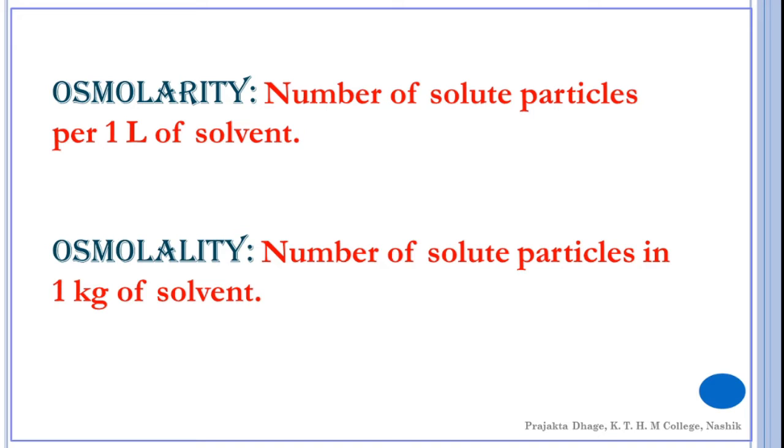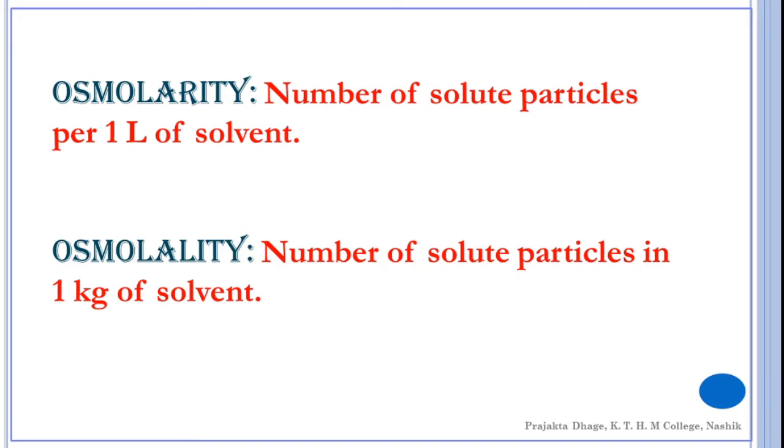Now, the unit of measuring it is osmole. Osmole is a non-SI unit of measurement that defines the number of moles of solute that contribute to the osmotic pressure of the solution.